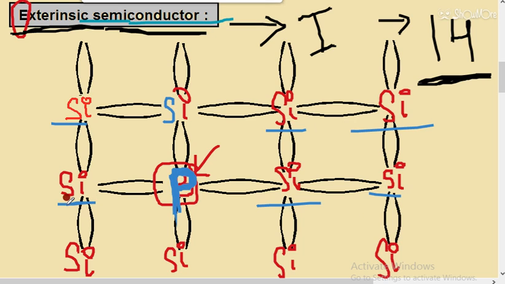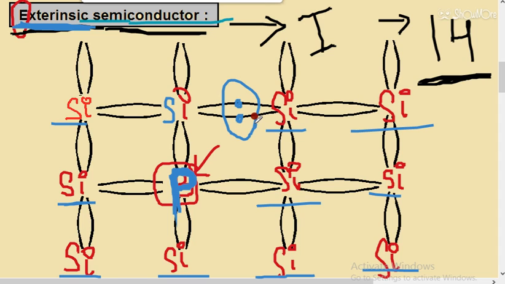So if any impurity is there, then that type of semiconductor is called extrinsic semiconductor. And in this semiconductor, the covalent bond breakage is not required. In this type of semiconductor, the conductivity is due to the charge carriers.